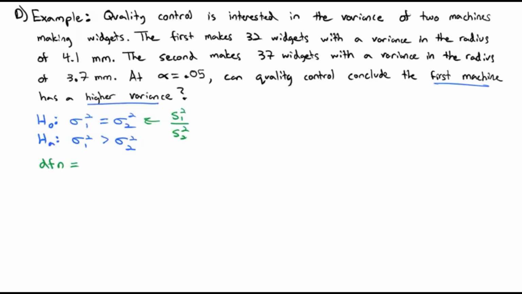Same order as they're in the hypothesis test. So the first machine is our numerator. The first machine made 32 widgets, meaning the degrees of freedom of the numerator are 31. The degrees of freedom in the denominator being the second machine, which made 37 widgets, one less would be 36 for the degrees of freedom.